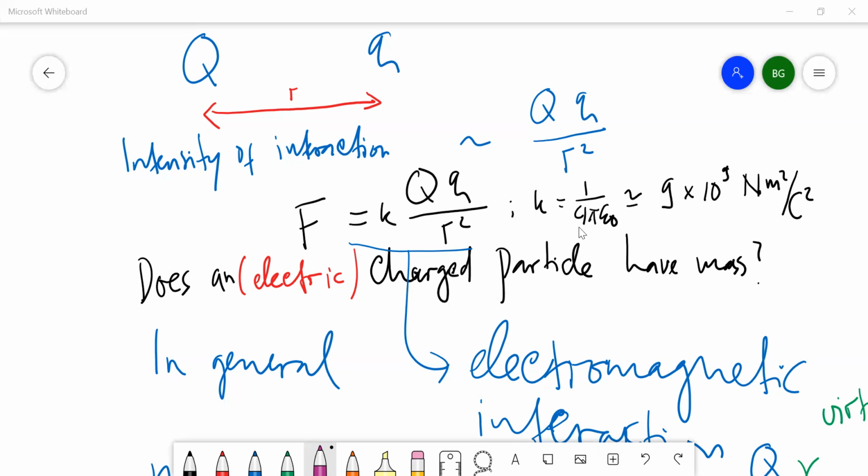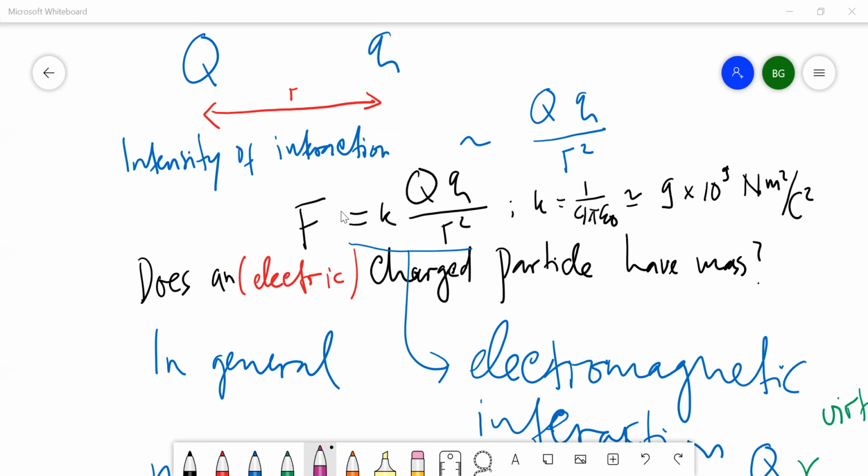But on the force, as in Newton's law, we have mass and acceleration, so it probably should have mass. Because in Newton's law, F equals ma, we can substitute the F to ma, and if the mass is 0, the acceleration would be infinite. Okay, thank you. Yeah, that's correct.